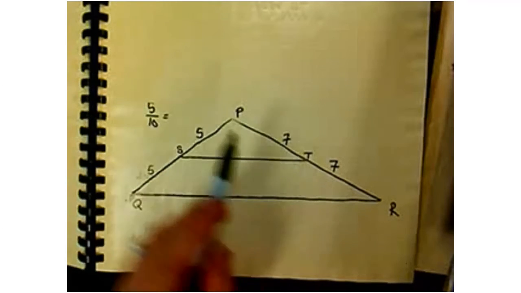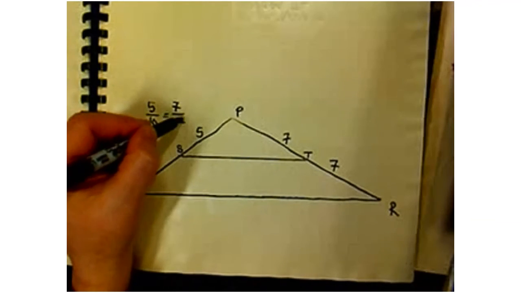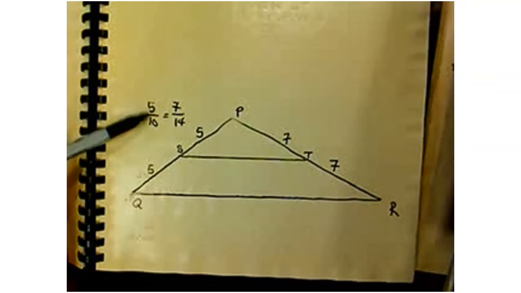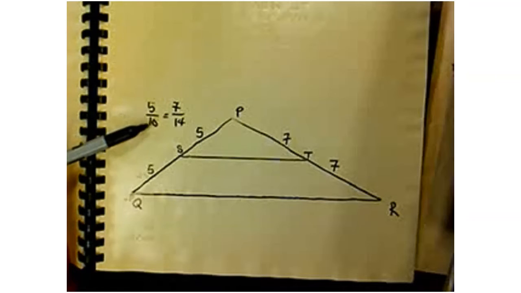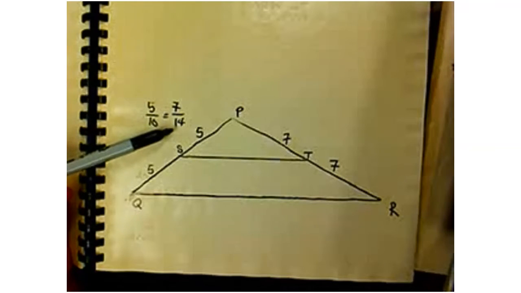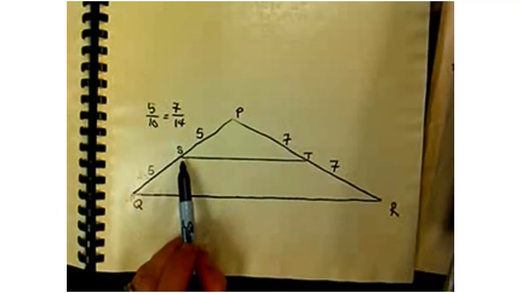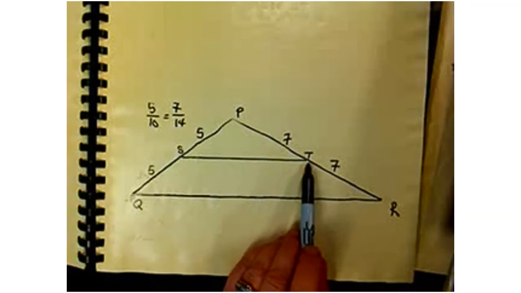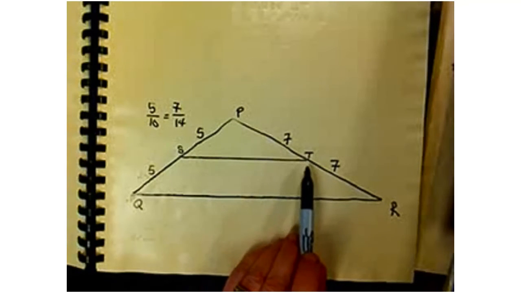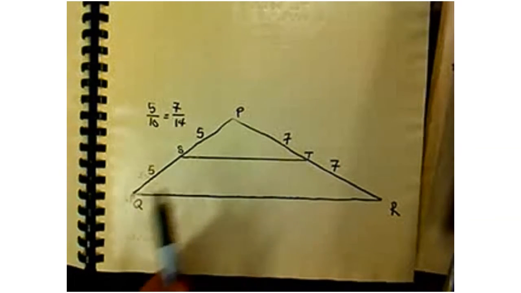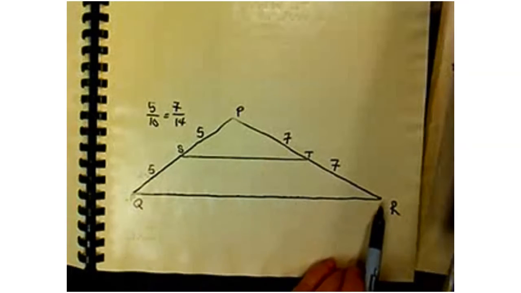As 7 is to 14. 1 is to 2 as 1 is to 2. Or 5 is half of 10. 7 is half of 14. We just proved or noticed that ST, if it hits the midpoint, is half of what QR is.